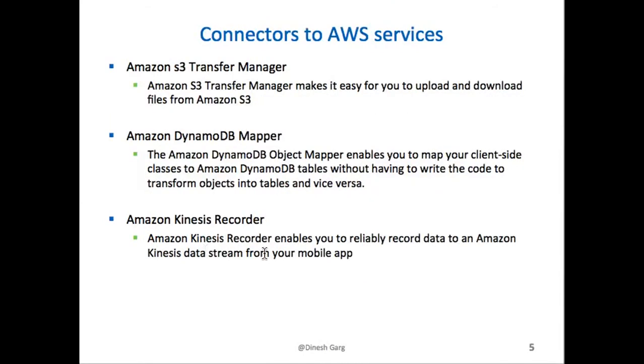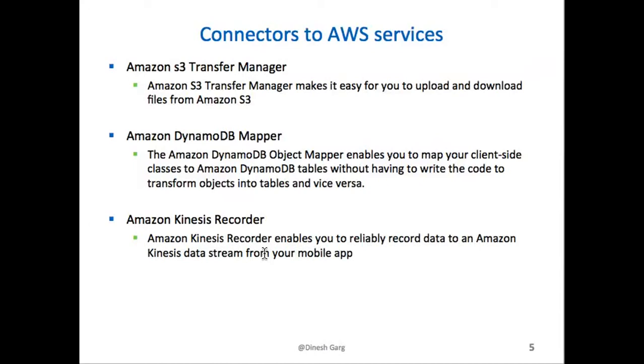Okay, so the next thing is the connector for the AWS services. Some of the key services for which the SDK provides connectors are S3, DynamoDB, and Kinesis. For S3, it makes it really easy for the mobile application to upload or download files from Amazon S3.